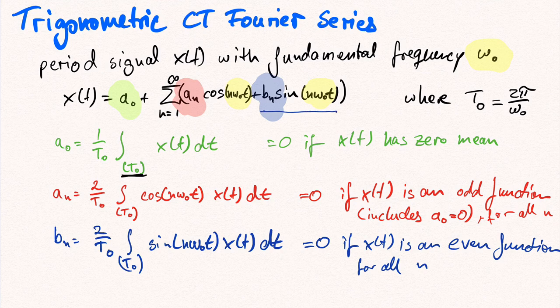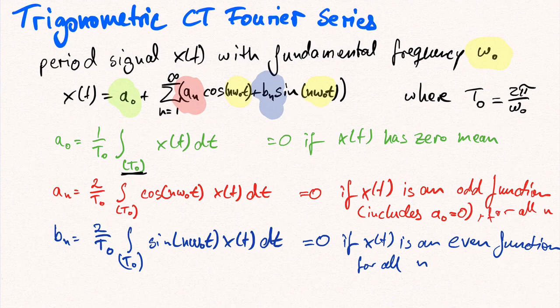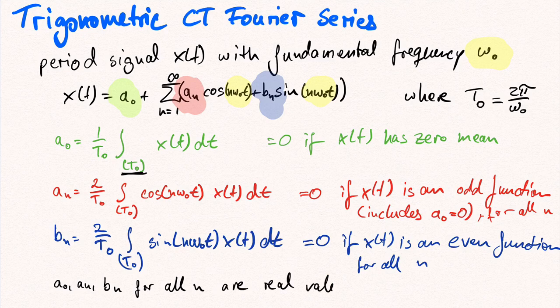Instead, it's only described by an infinite sum of even cosine functions, so that the coefficients bn must be 0 for all n. And the last property is that all coefficients a0, an, bn for all n are real valued if x of t is a real function.